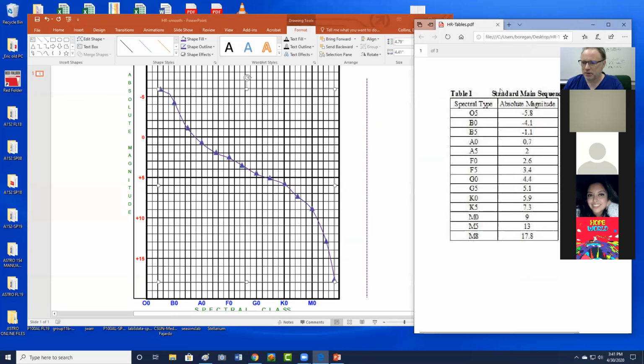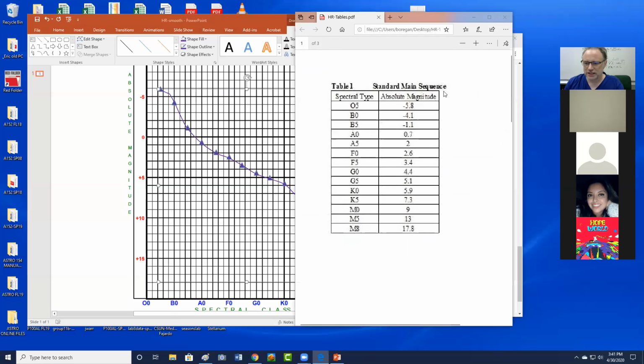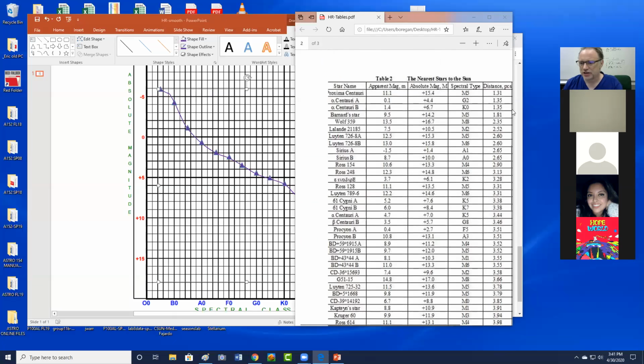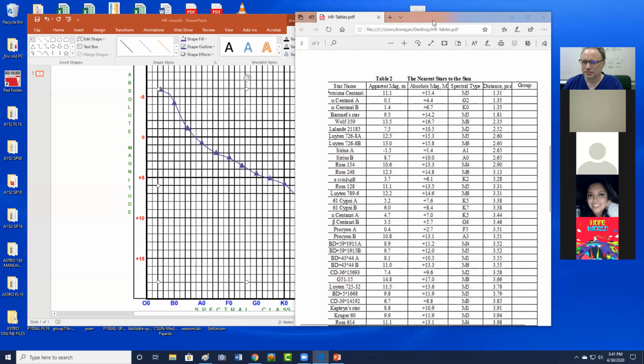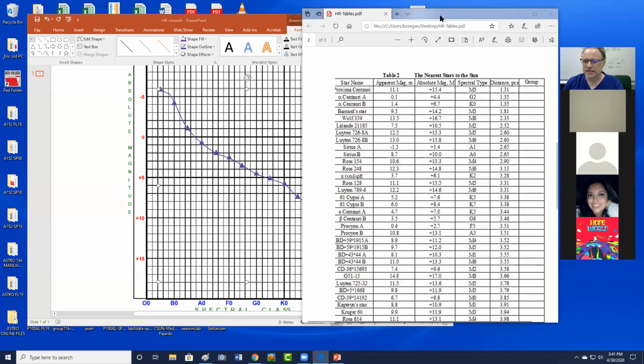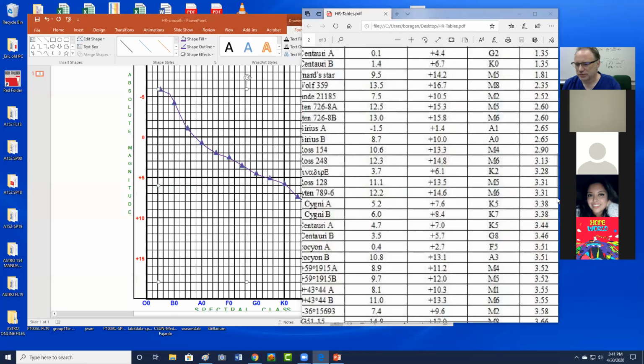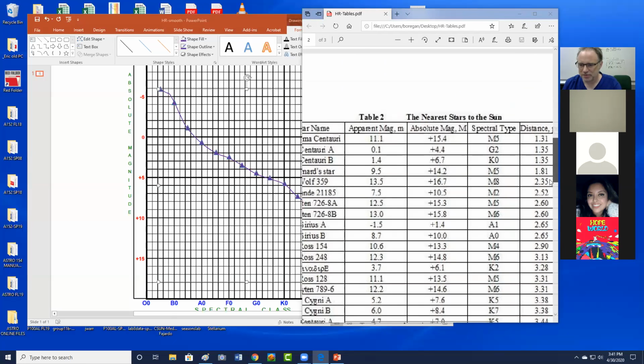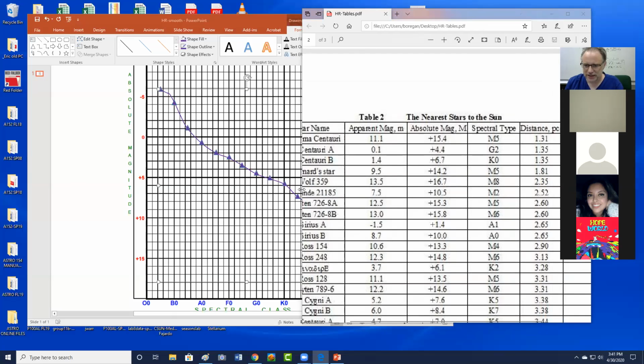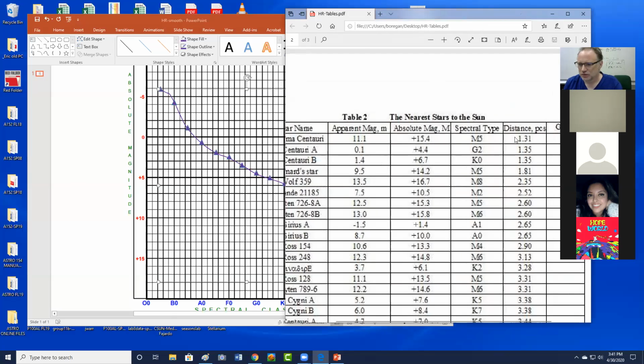If I look at the table that they give us for the nearest stars, we can look at this first one. The first one says Proxima Centauri, and its apparent magnitude is 11.1, with its absolute magnitude 15.5, and the distance it gives you is 1.31 parsecs.